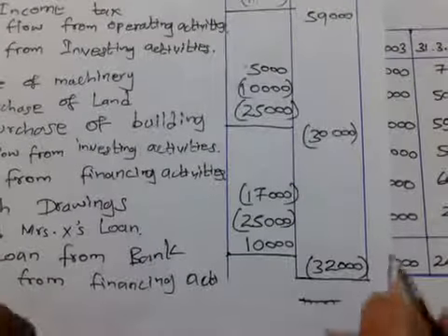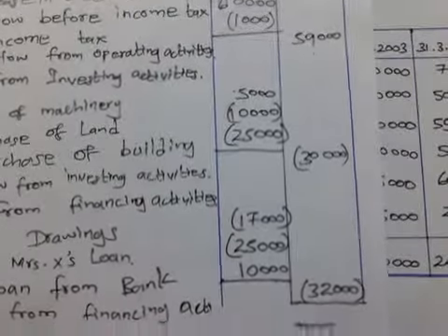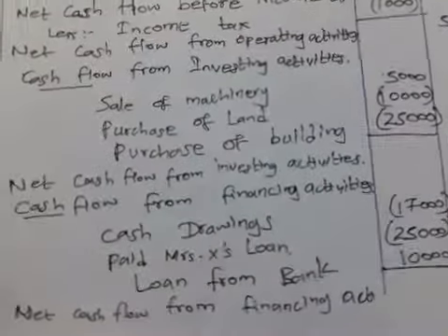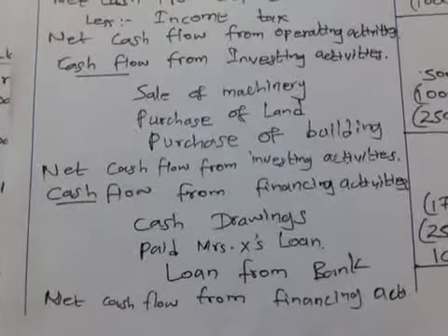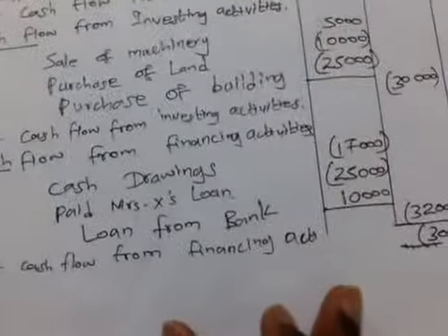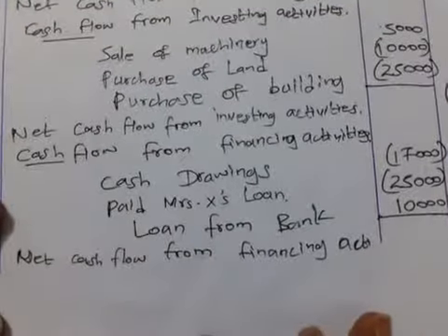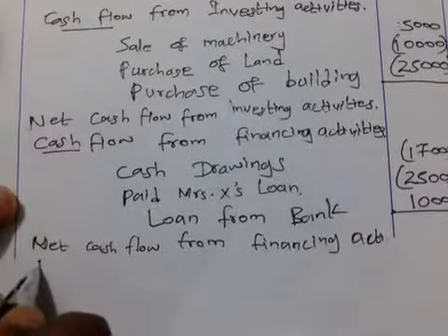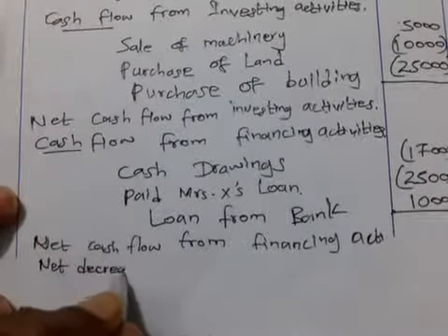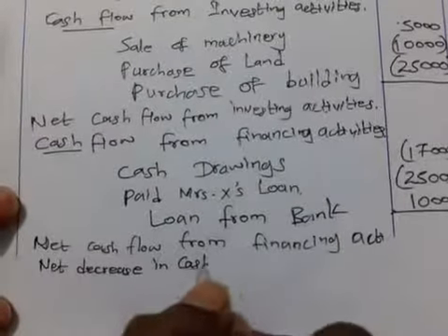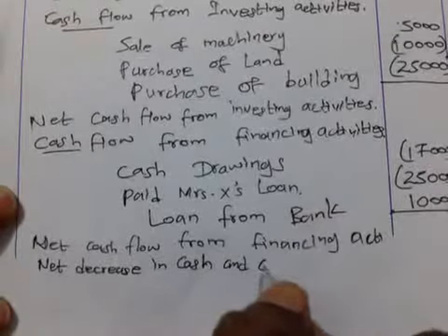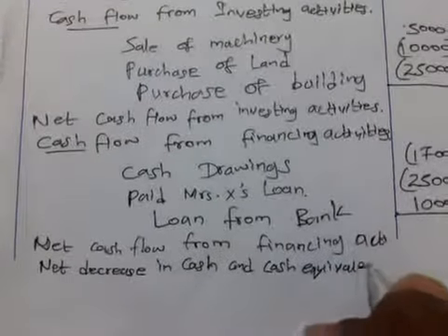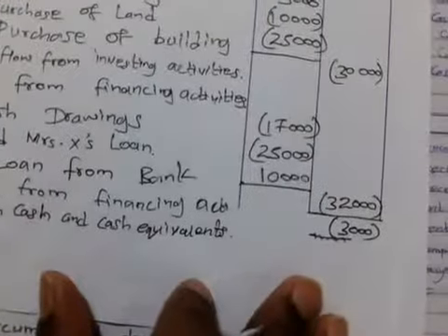So finally we have to calculate these three amounts from these three main categories. Minus 3,000. This is the net decrease in that particular year, net decrease of the cash and cash equivalents, 3,000 minus.